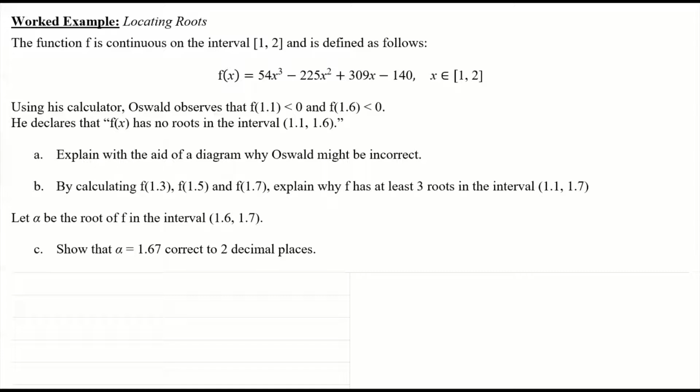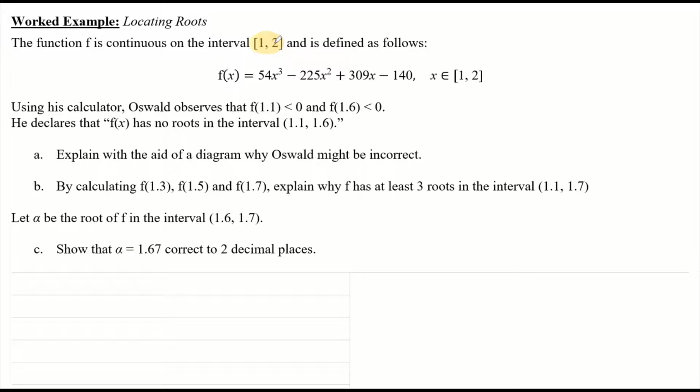All right, so let's have a look at a worked example on locating roots. And it's quite similar to the kind of thing you might be asked in an exam situation. So we have a function f, and we know f is continuous on the given interval [1, 2]. So that's including 1 and including 2, as stipulated here. And it's a cubic, and we have this character Oswald.